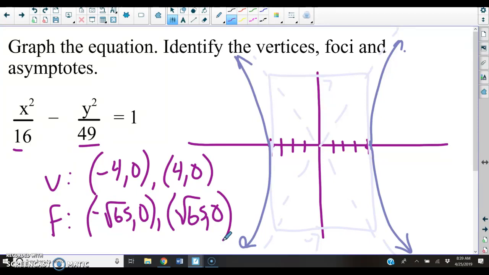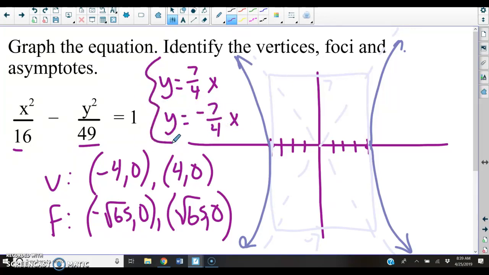Okay, the equations of my asymptotes, again, they go through 0, so I just need to worry about my slopes. Well, that's 7/4 and negative 7/4 for my two asymptotes. And I've found everything that they were asking for.